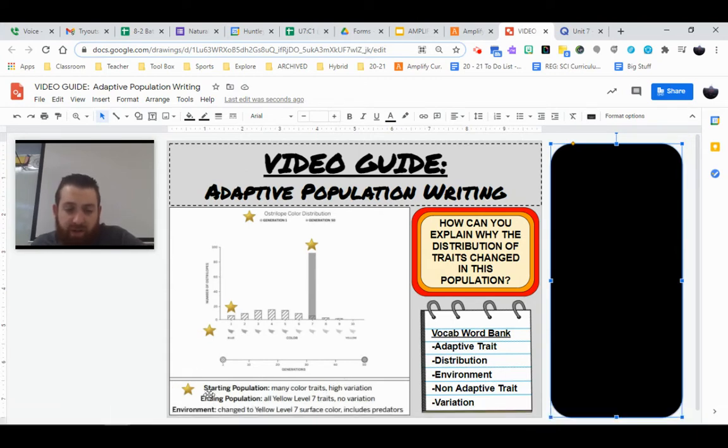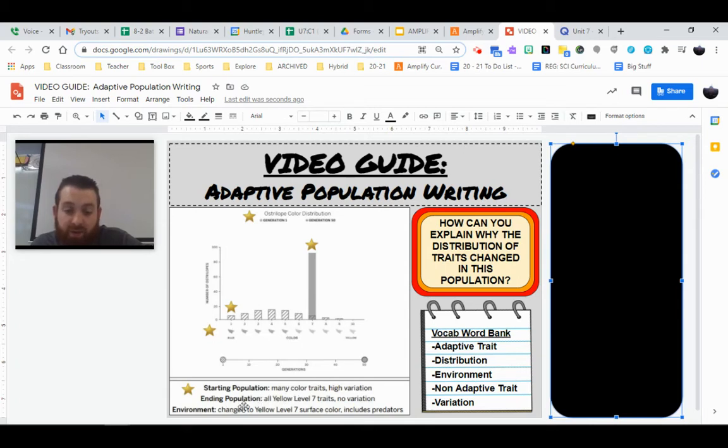Last but not least, down here, you're going to see that we have some information about the environment and the population themselves. So the starting population had many colored variations. So they had a high variation. We can see that they have 1, 2, 3, 4, 5, 6, 7, 8, all the way to 9 different variations of color, okay, all ranging from blues to greens to yellows.